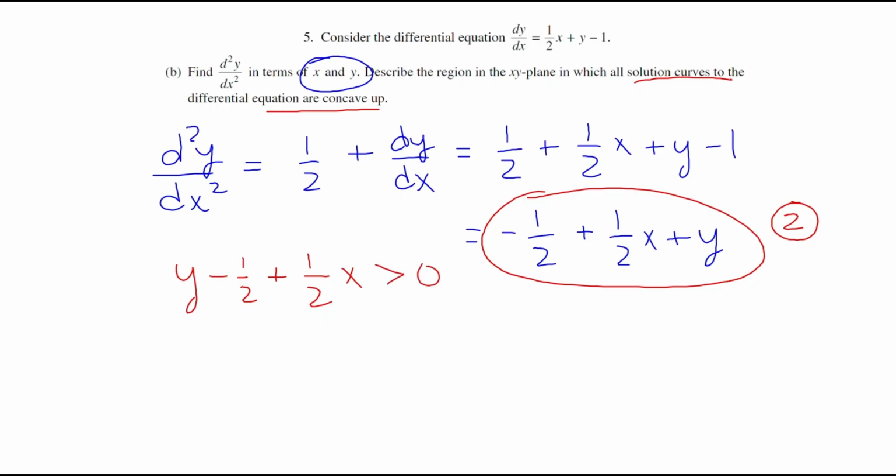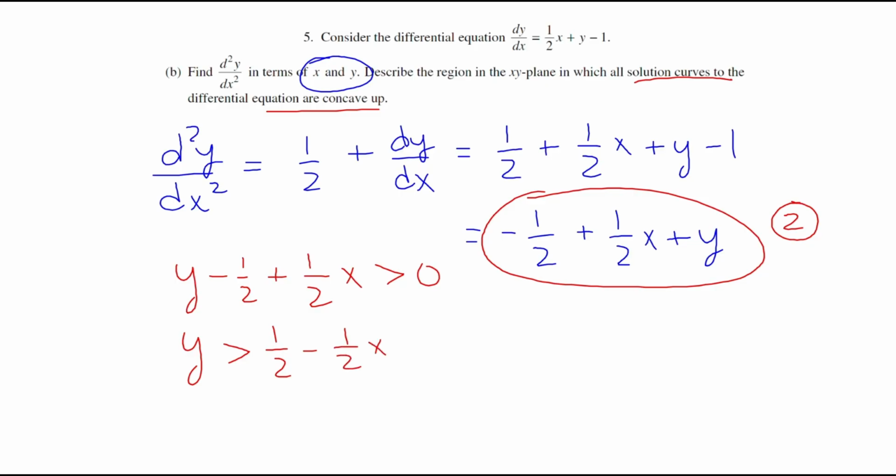Any description here is good. They usually like something that relates like a linear equation. So let's say y is greater than 1/2 minus 1/2 x.